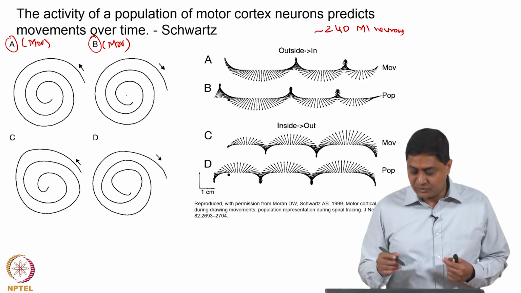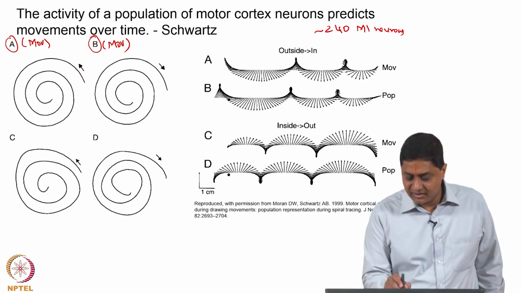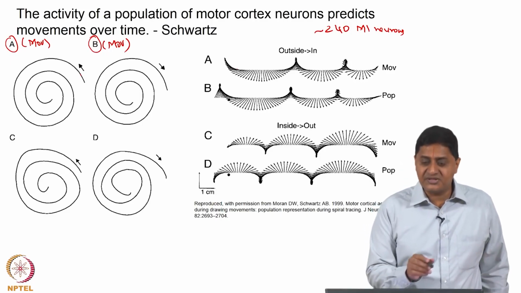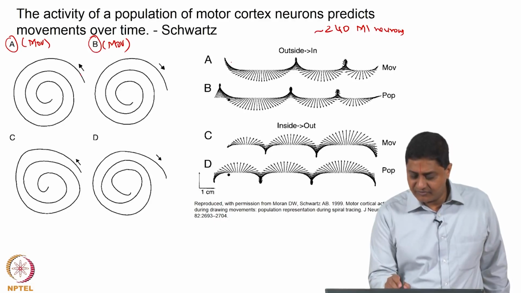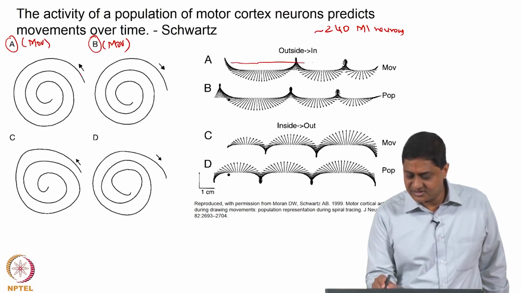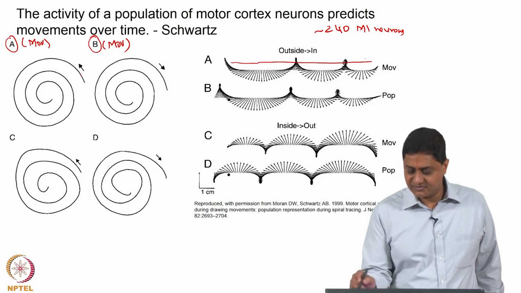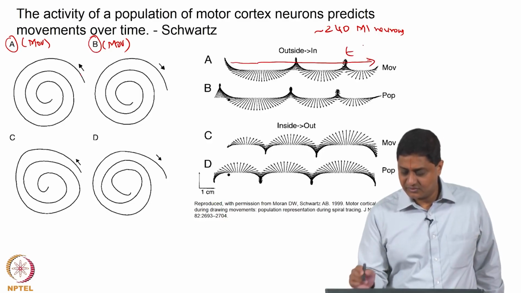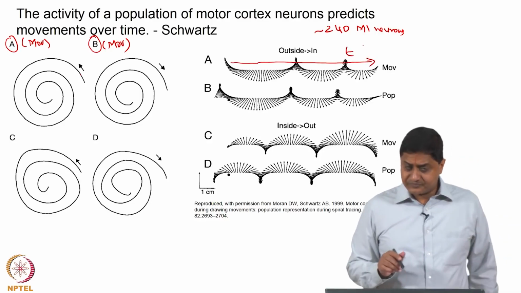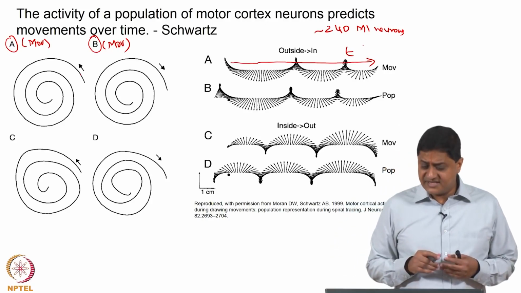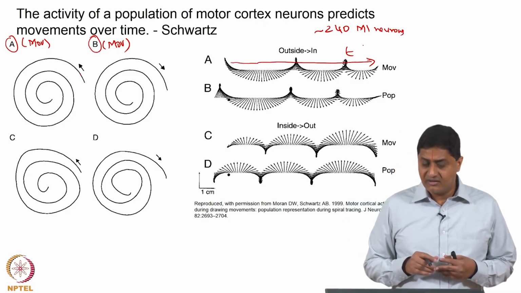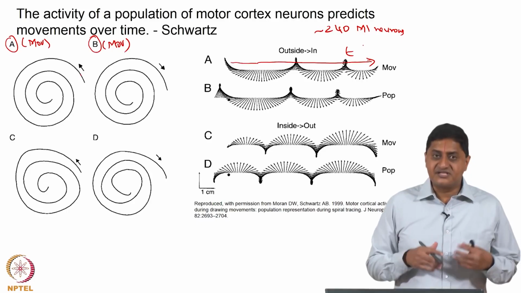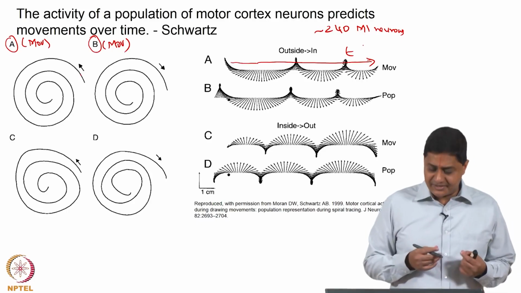When I do that I get a time series, or a temporal sequence, of vectors. This is that temporal sequence, and that is time. I am going to get a time series of vectors with the instantaneous directions and speeds encoded in them.